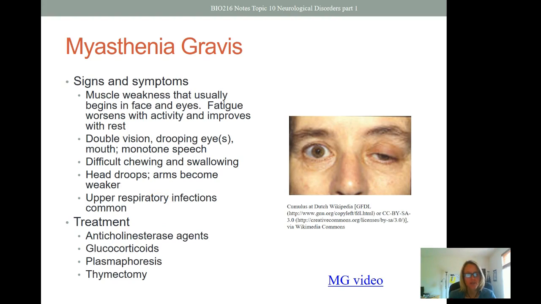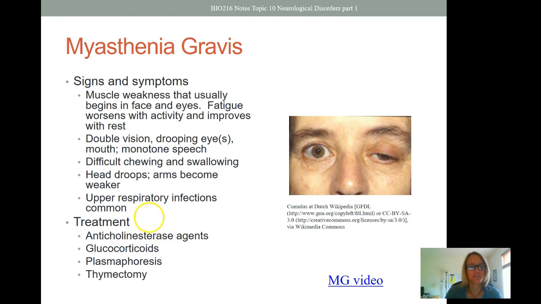Treatment is aimed at giving cholinesterase agents. So these are agents that are going to inhibit the enzyme that breaks down acetylcholine so that acetylcholine can last longer at the neuromuscular junctions.